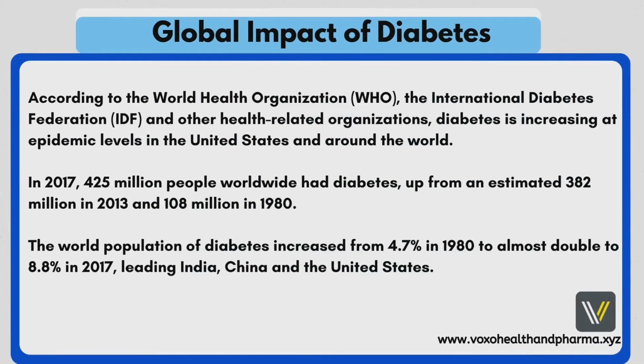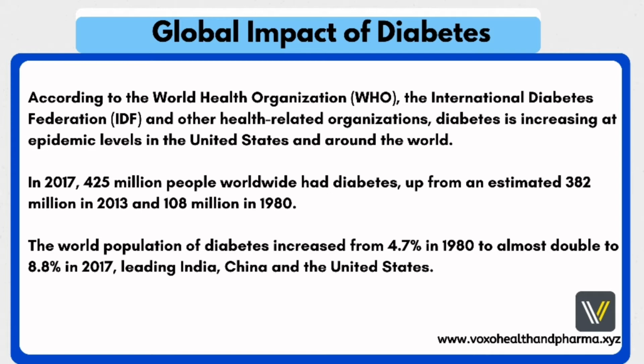Next, second: global impact of diabetes. According to the World Health Organization, WHO, the International Diabetes Federation, IDF, and other health-related organizations, diabetes is increasing at epidemic levels in the United States and around the world.